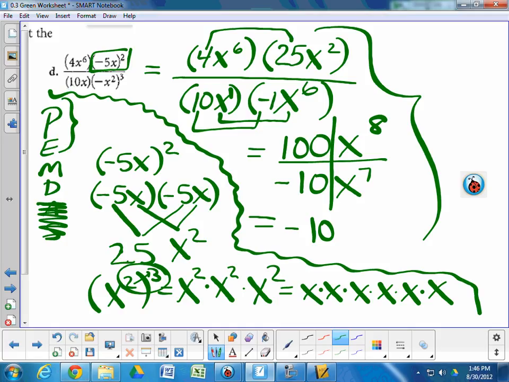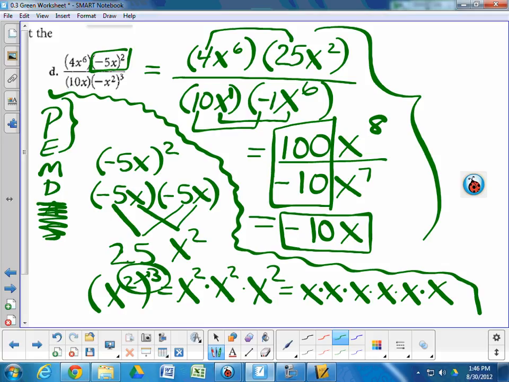On the right, you have the new rules of exponents that we've been learning about the last couple of years. And you have 8 x's on top and only 7 on the bottom. So you subtract them. Who wins? Top or bottom? Top. Top by 1. So that's where we got negative 10x as our final answer.